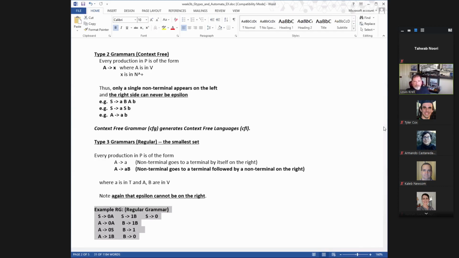So if a couple of you want to throw in the chat window other examples, outside of the ones that we see here in the lecture, just an example of a context-free grammar rule and a regular grammar rule.